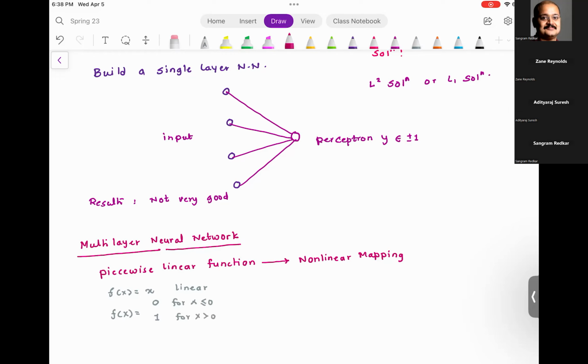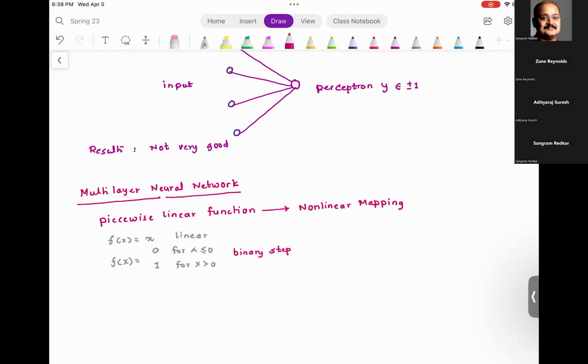This is called binary step. Then you can use f of x is logistic.